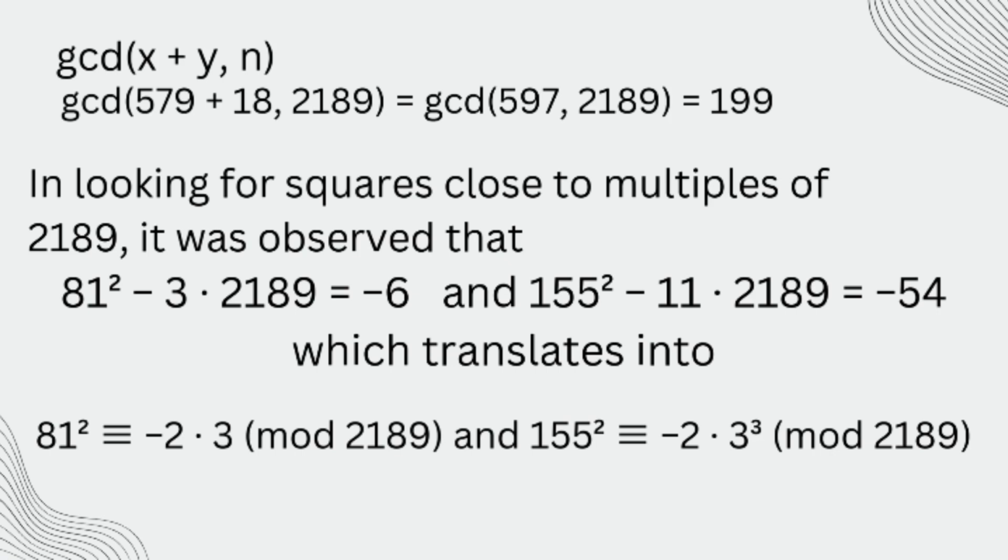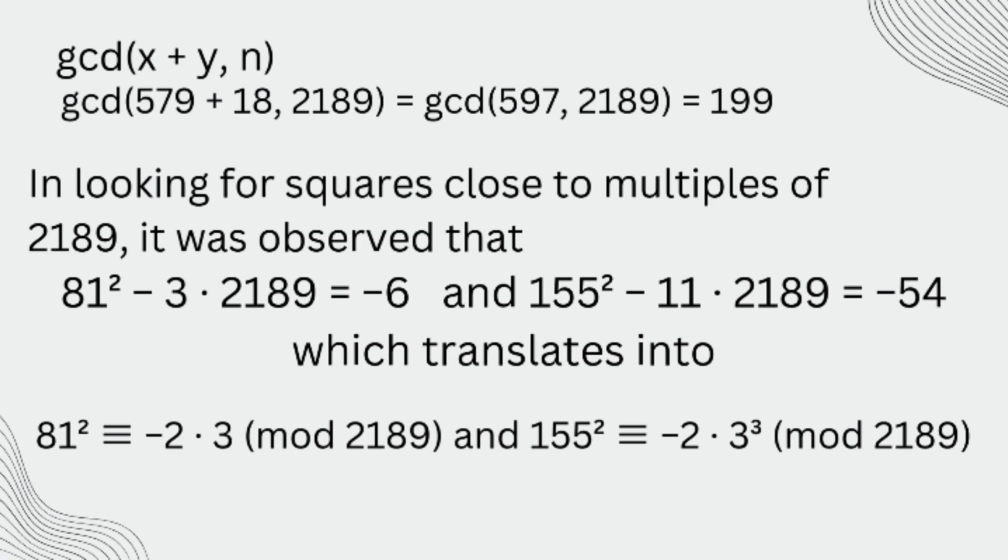And 155 squared minus 11 times 2,189 is equal to negative 54. So, siguro nagtataka kayo kung saan galing yung 3 and negative 6. So, kapag kinompute natin ang 81 squared divided by 2,189, ang makukuha natin ay 2.99. I-round off natin kaya naging 3.